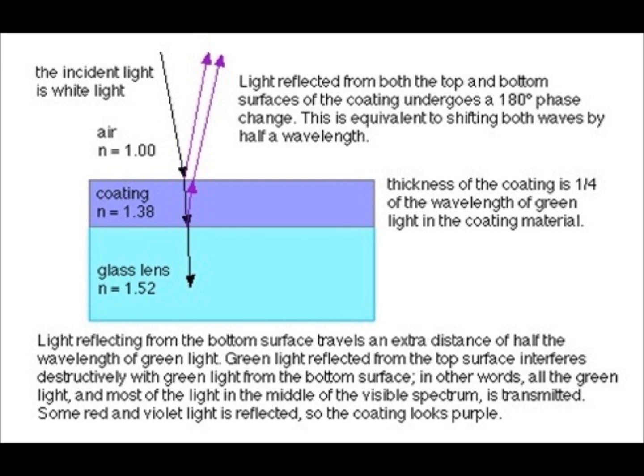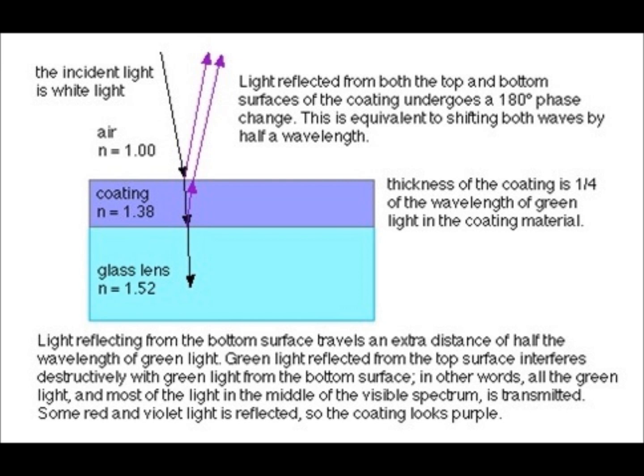Because the thickness of the coating is 1/4 of the wavelength of green light in the coating material, the wave that goes into the coating and reflects off the coating-glass surface travels an extra distance of 1/2 of the wavelength of green light. So therefore, the light that reflects off the top of the coating and the light reflected off the bottom of the coating is shifted by 1/2 a wavelength.